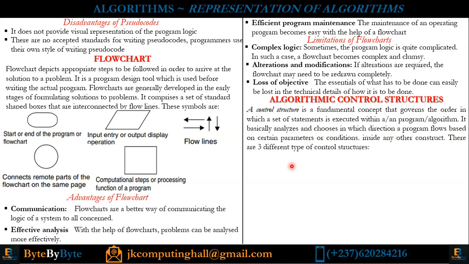Now, before we proceed, let me take different cases for you guys to understand better. For example, if I want to calculate the sum of two numbers, I will ask for the first number, I ask for the second number, I add them, then I give the result. But in case I need to determine if a number is even or odd, after getting a number, there is a comparison I have to be doing.